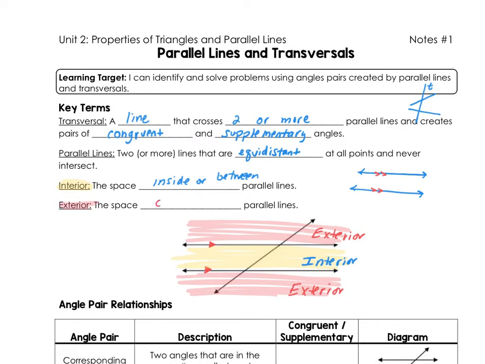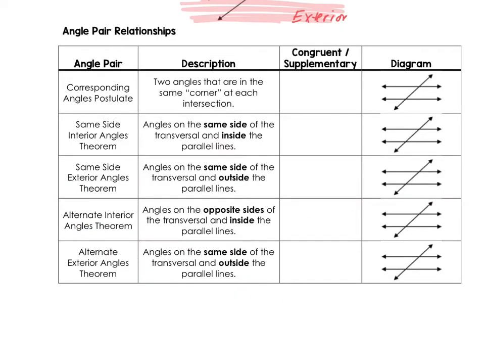So again, that's outside the parallel lines. So as I mentioned before, we're going to be taking a look at all these special angle pairs that are formed. And I should mention that there is a typo later on in this last box where this says same side. It should say opposite sides.